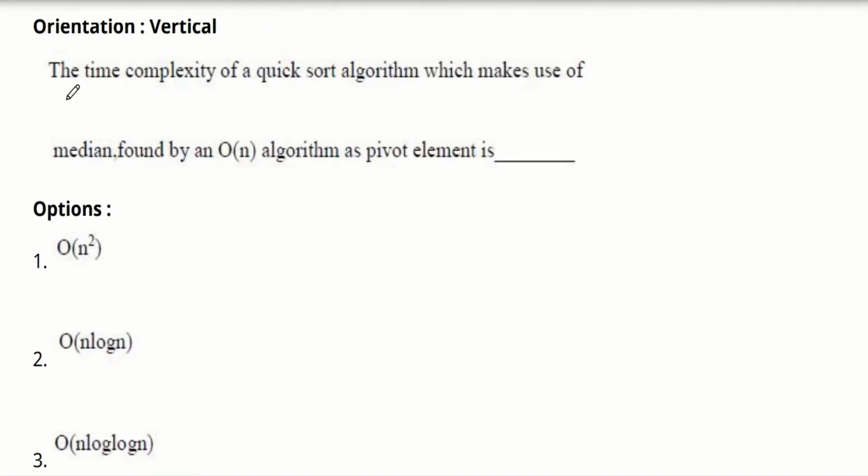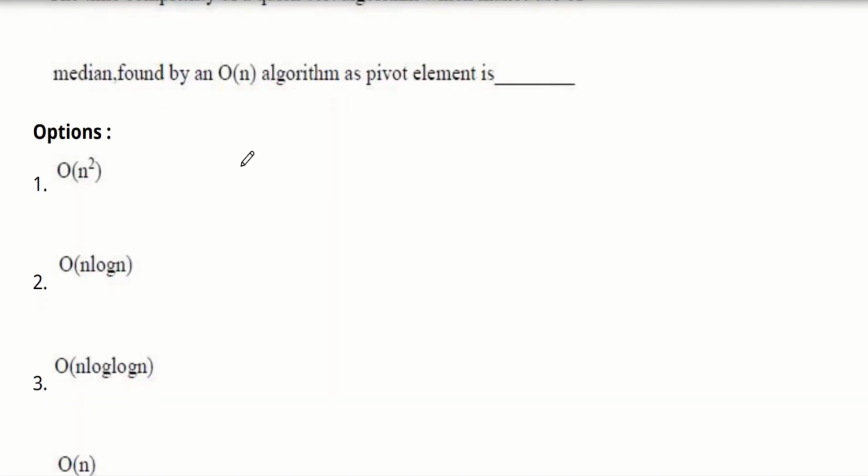Here the question is, the time complexity of a quicksort algorithm which makes use of the median found by a big O of n algorithm as the pivot element is. The options are big O of n square, big O of n log n, big O of n log n, and big O of n.